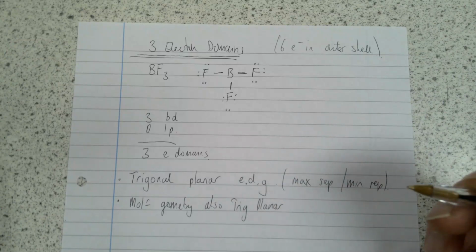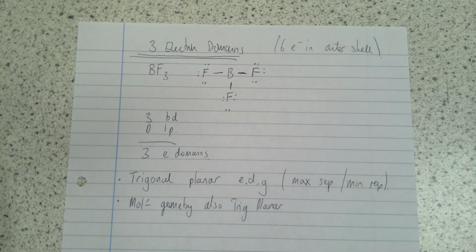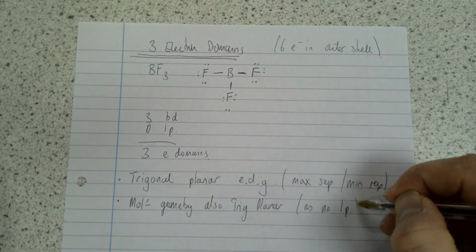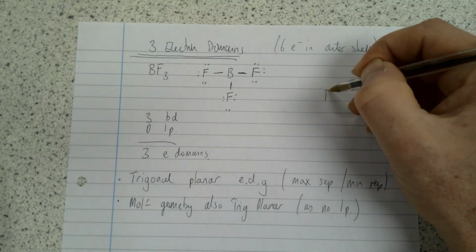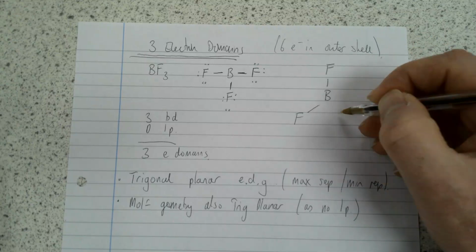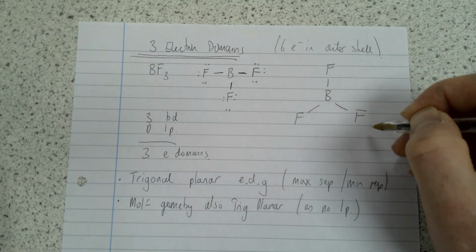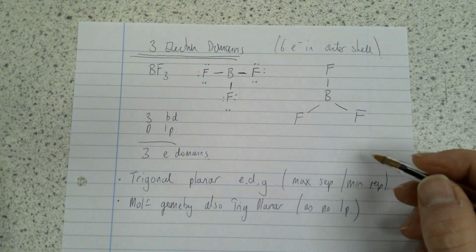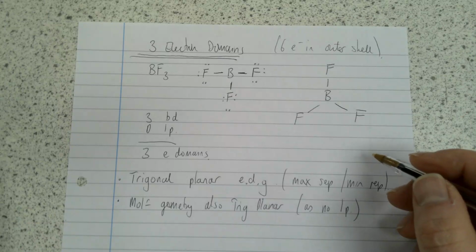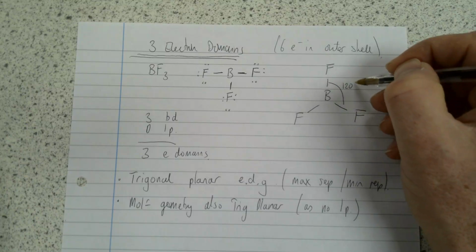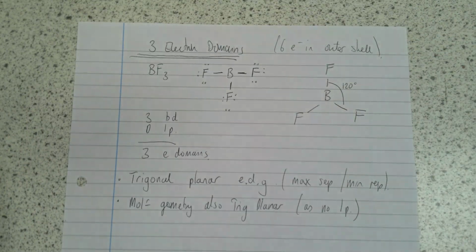Because there's no lone pairs. And what that looks like is it's just dead simple. It's just completely flat. So if you take 360 and divide it by 3, so circles are 360, what do you reckon the bond angles are around this, please? Yeah, it's going to be 120, right? It has to be. So it's 120 bond angle there.